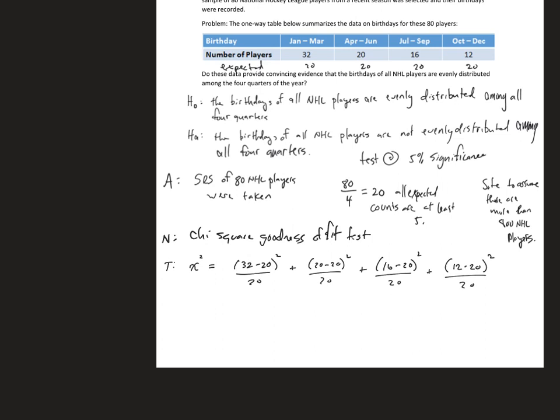When I do that, we get 11.2, and the degrees of freedom is equal to 4 minus 1, which is 3.